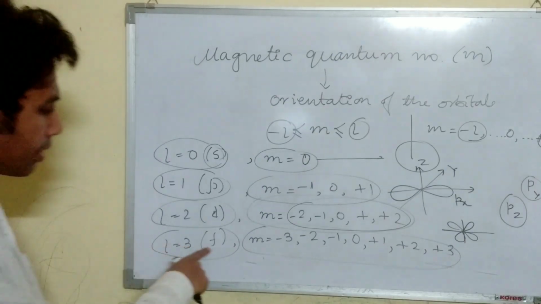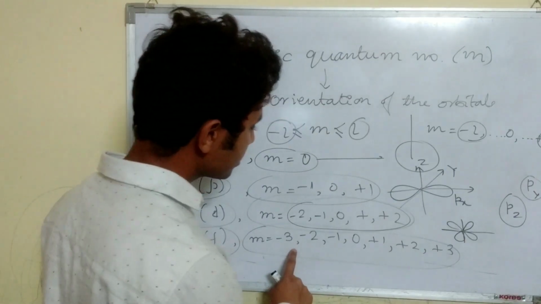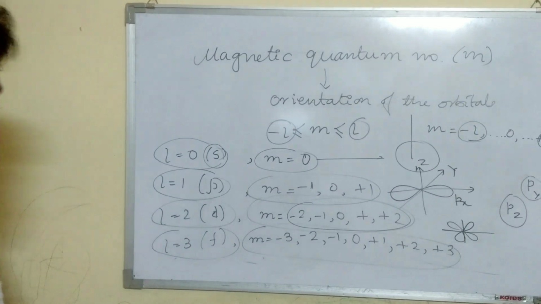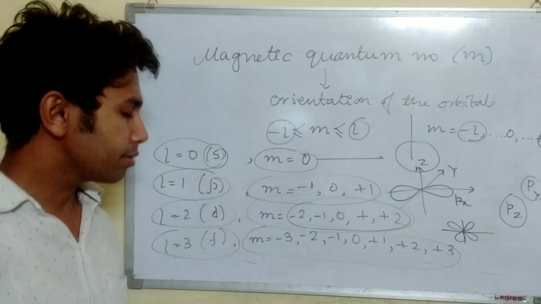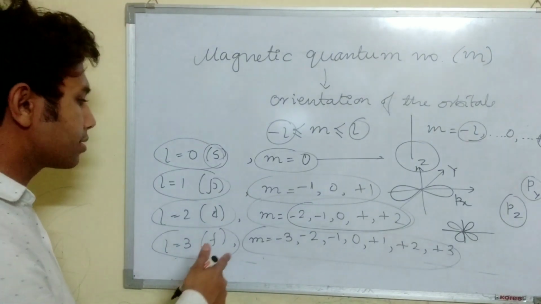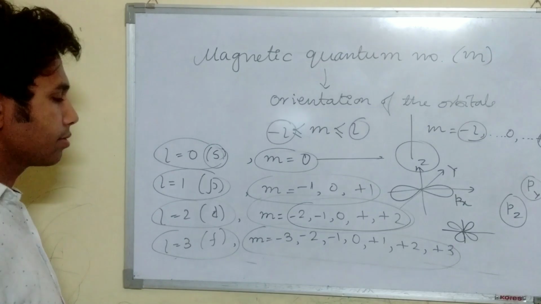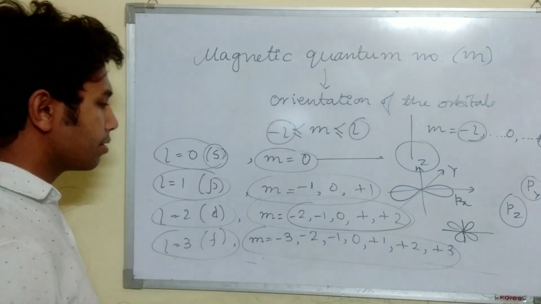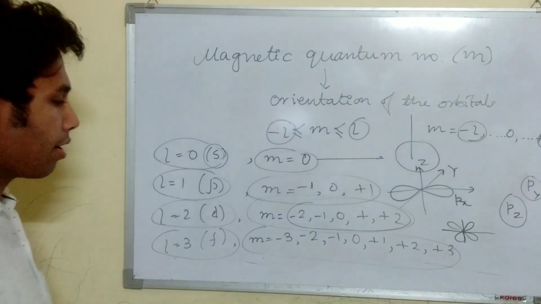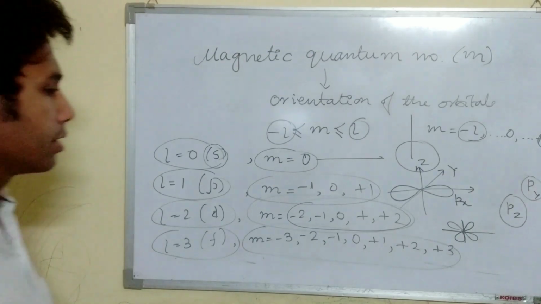In case of F subshell we will get 7 orbitals. The shape is very complicated, means the orientation of the orbitals for F we are getting are seven different types.